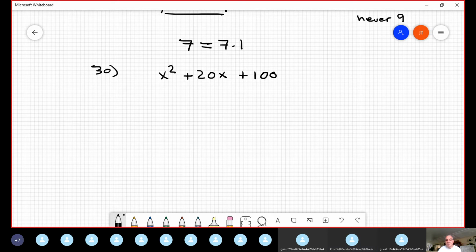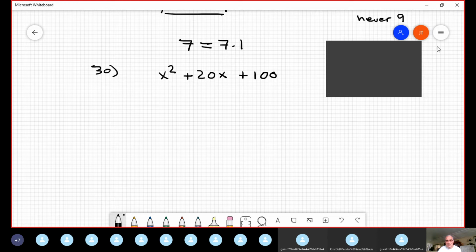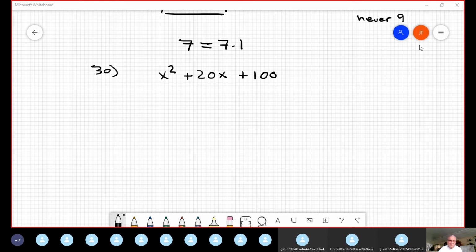Special. No, it's not special. Special is when the coefficient here is not 1, and this is 1, it's an invisible 1. So you discard it, it's not special. Perfect square, yes. Actually, maybe it's both. It's regular, because the coefficient here is 1, and we can solve it like regular, or as a perfect square trinomial, because the square root of 1 is 1, and the square root of 100 is 10. So maybe it's a perfect square.